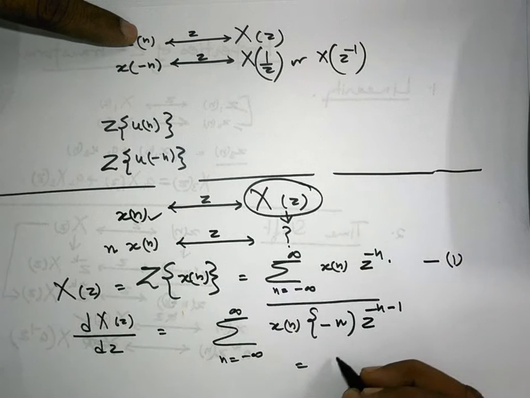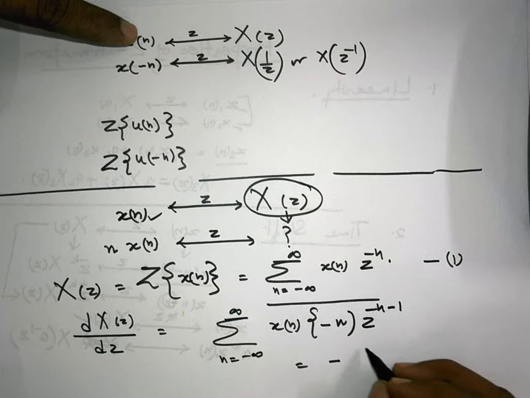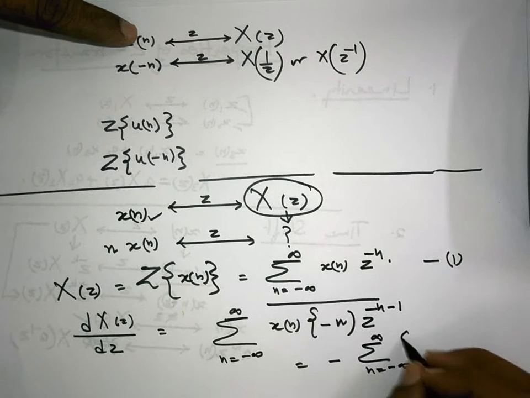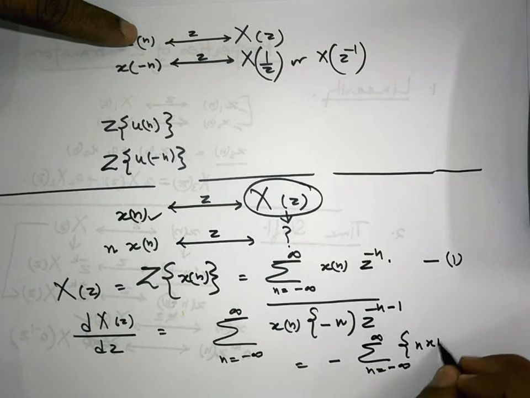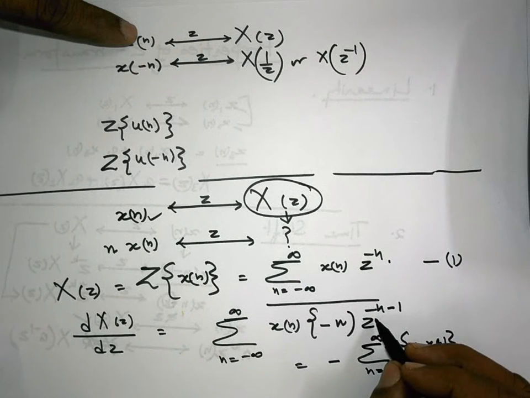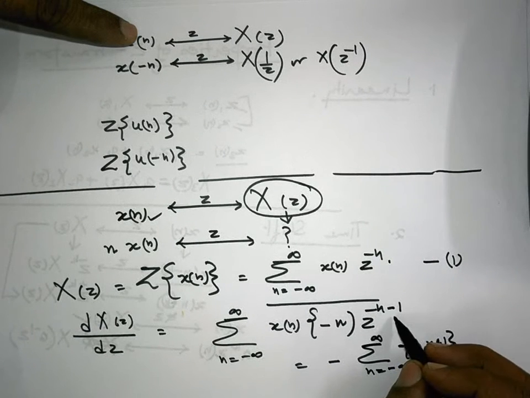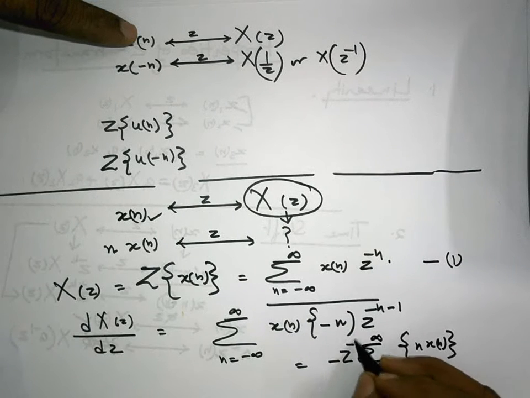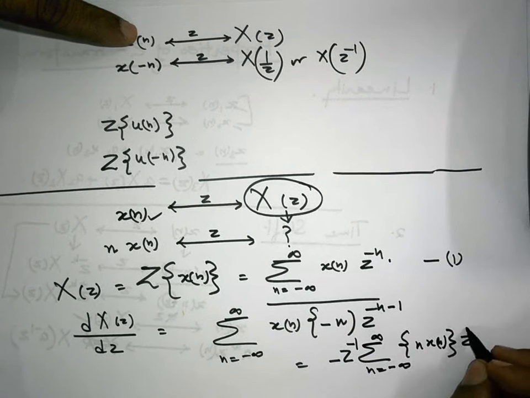So this will be equal to minus summation n equals minus infinity to infinity. This can be written as n x[n], and there will be a term corresponding to z to the power minus 1. This z to the power minus 1 term is taken out, and this is z to the power minus n.